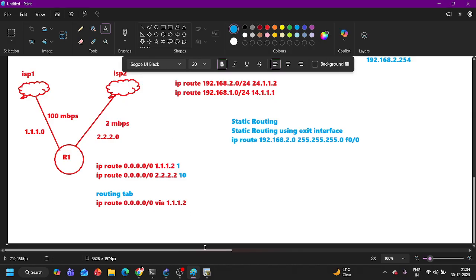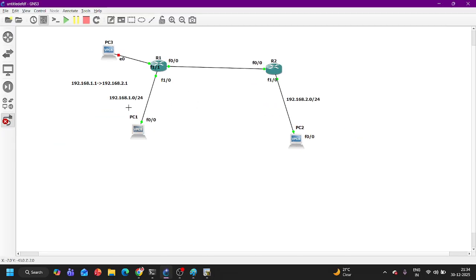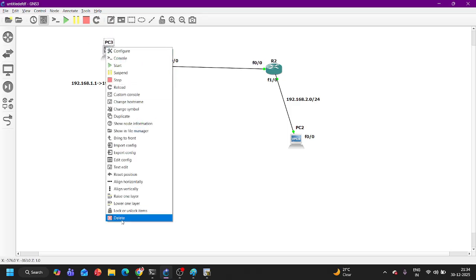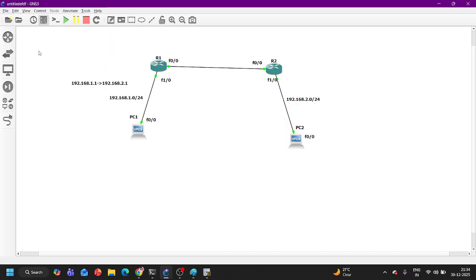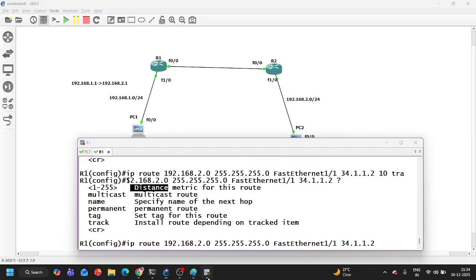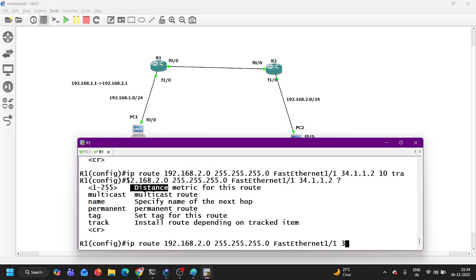What is the issue here? See, when I am configuring routing like this, let me delete this PC first. Delete it. If I configure routing like this on router number 2, first I am going to remove all the static route configuration, using no ip route.